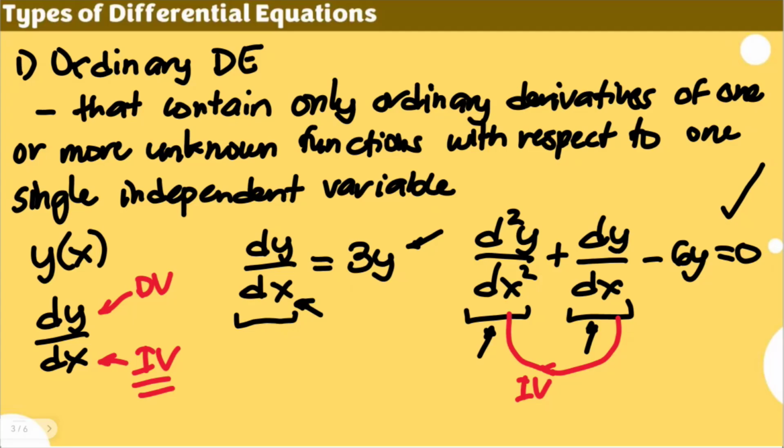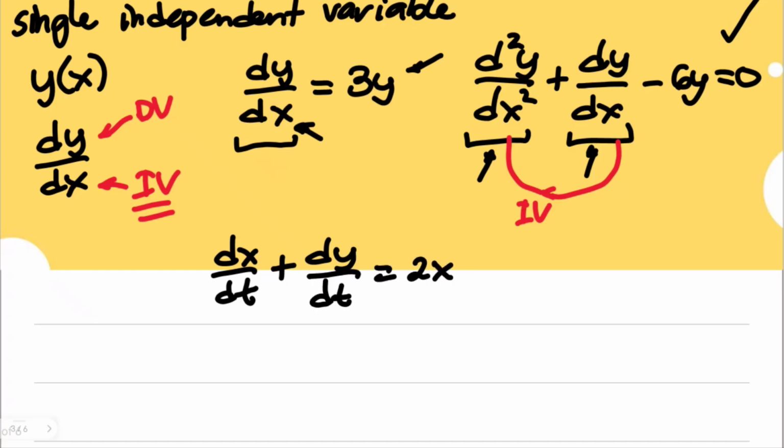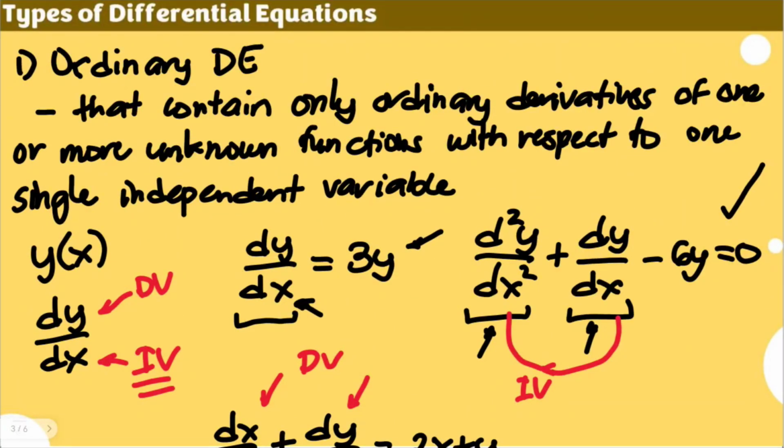Now, what if I have this example? We have the first order derivative of x with respect to t plus the first order derivative of y with respect to t is equal to 2x plus y. This time, we have two unknown functions, or specifically two dependent variables. This is still okay because we have ordinary derivatives of one or more unknown functions.